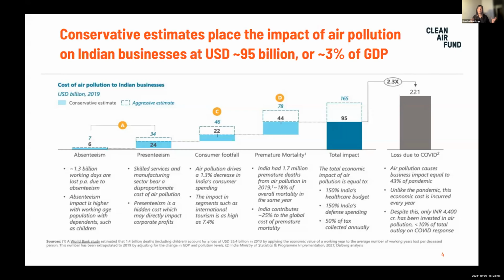We know that pollution claimed about 1.7 million premature deaths in 2019, which we calculated at around $44 billion. Dalberg also estimated that India's workers take about 1.3 billion days off annually because of adverse effects of air pollution on their health or their family's health, amounting to about $6 billion in lost revenue. The report also found that lower air quality reduces consumers' willingness to venture out of their homes.